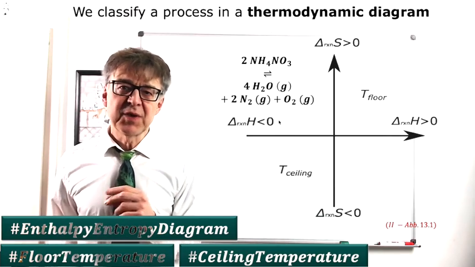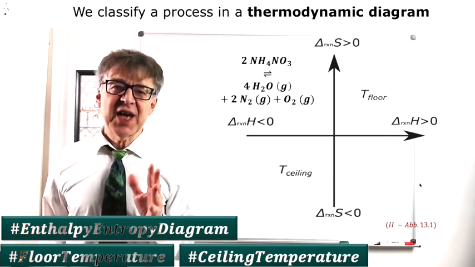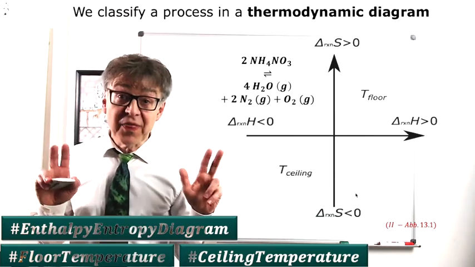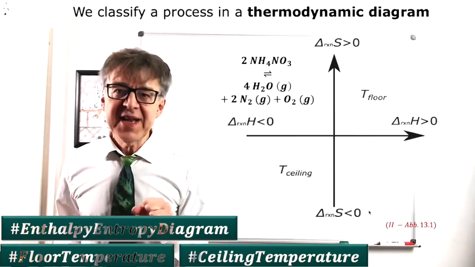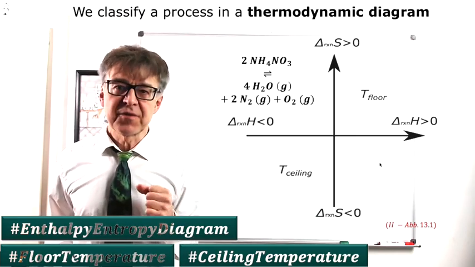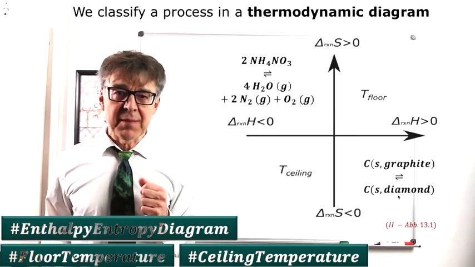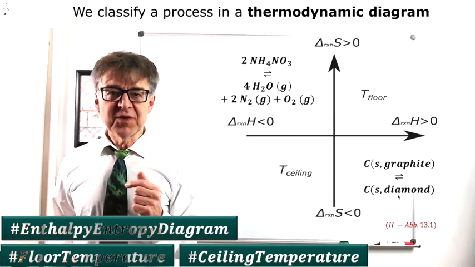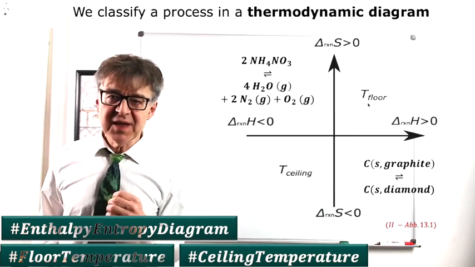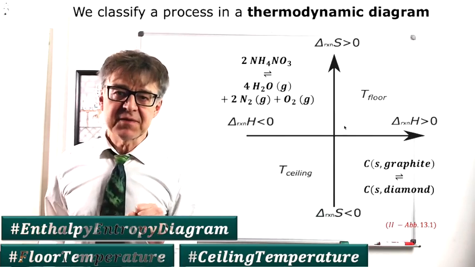On the other hand, processes in which the energy and entropy are not with us are always endergonic and are located in quadrant 4. The conversion of graphite to diamond is an example. For processes in quadrants 1 and 3, temperature is decisive.